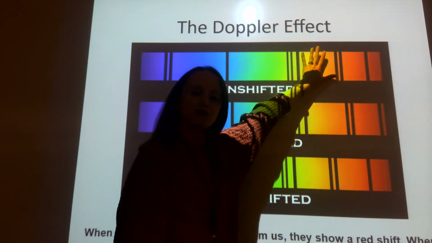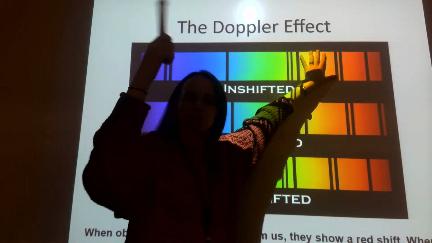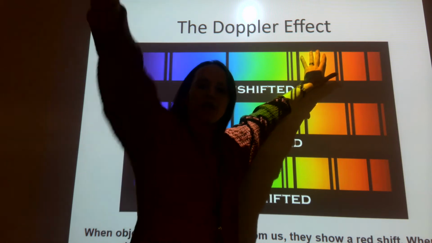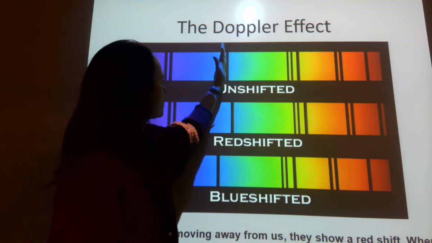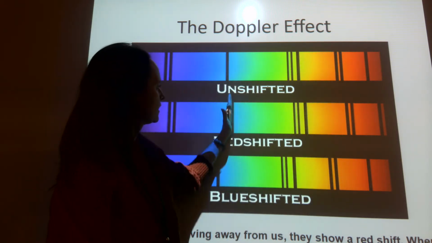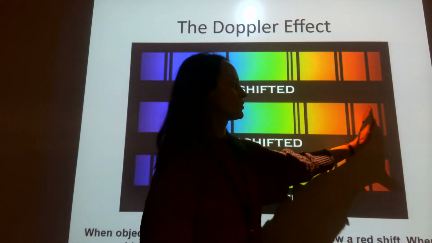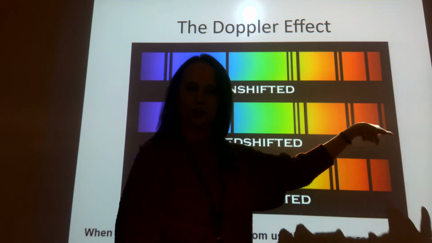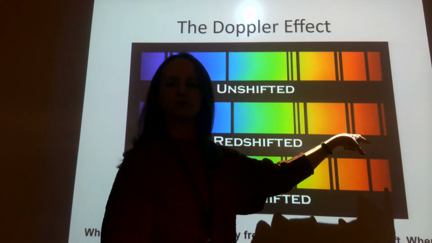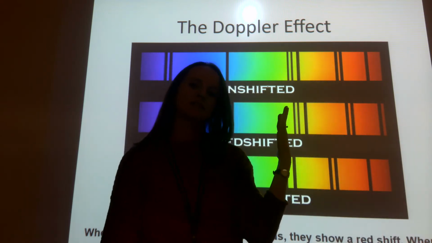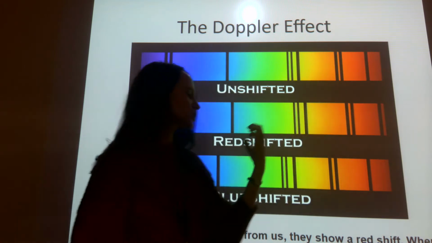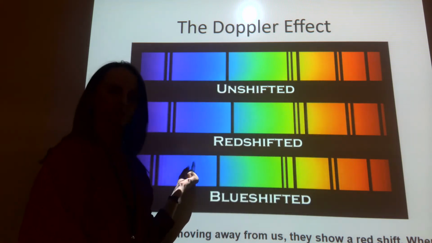If this were a spectrum of a distant star that we're looking at, and it's moving away from us, then we're going to see all of those lines slightly shifted towards the red end of the spectrum. If that star was moving towards us, the spectral lines would look slightly shifted towards the blue end of the spectrum.